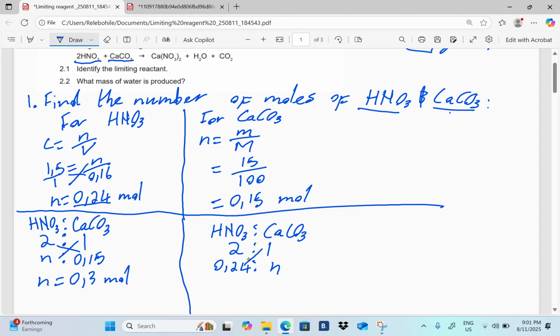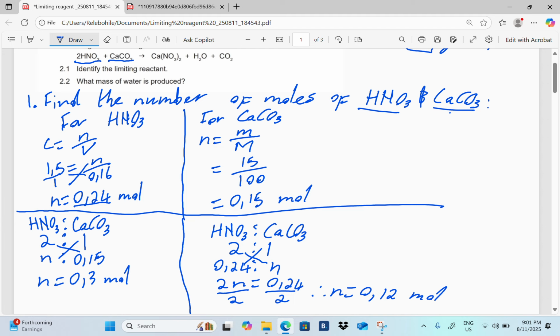And then from there, it's cross multiplication, meaning I will say 2 times n and I will get 2n is equal to 0.24 times 1, which will give me 0.24. And then from here, because I'm solving for n, I will divide by 2 on both sides. So my n will be equal to 0.12 mole.